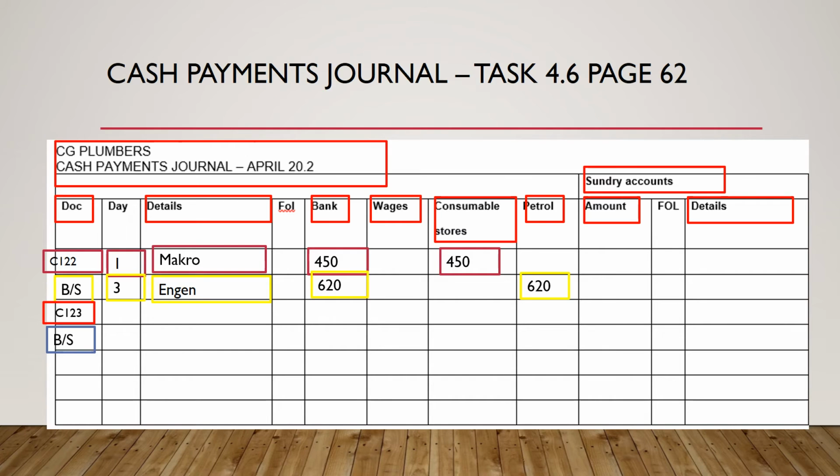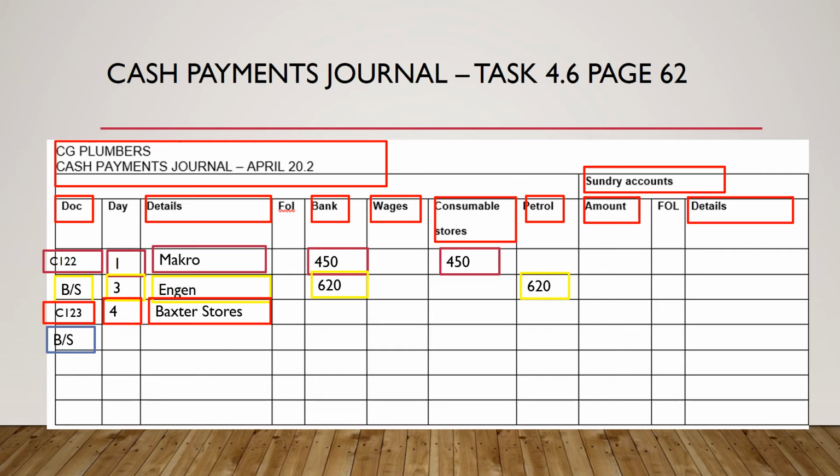Now they did not tell us what number was the check, but we know that our checks are written in chronological order. So our first check was 122, so it stands to reason that our next check would be 123. The transaction occurred on the 4th of April 2002.